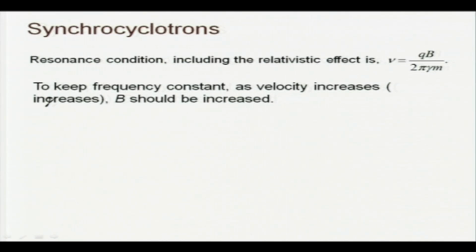To keep the frequency constant as velocity increases, which means gamma also increases, one way is to increase B as gamma increases. So, when the velocity is increased, gamma will increase, and if you accordingly change the magnetic field, the resonance condition can be maintained.